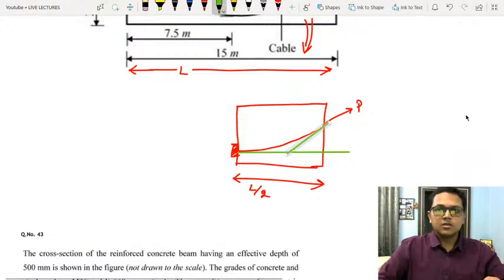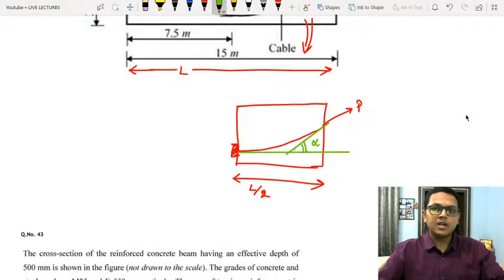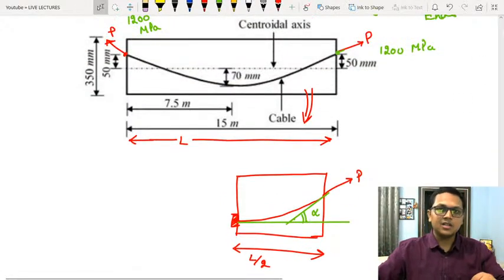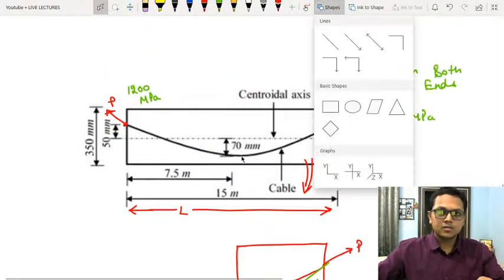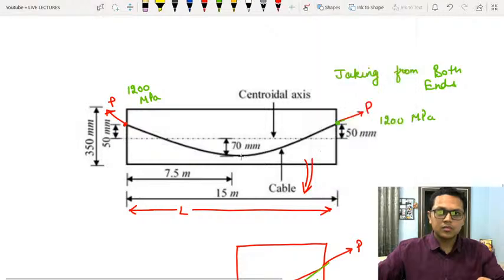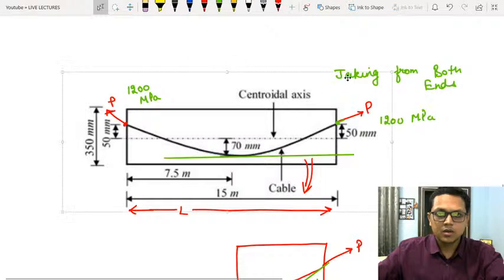Okay, so this is the angle alpha for which the jacking will be done from one end only. If the jacking is done from both the ends, so from both the sides, it will be like this.